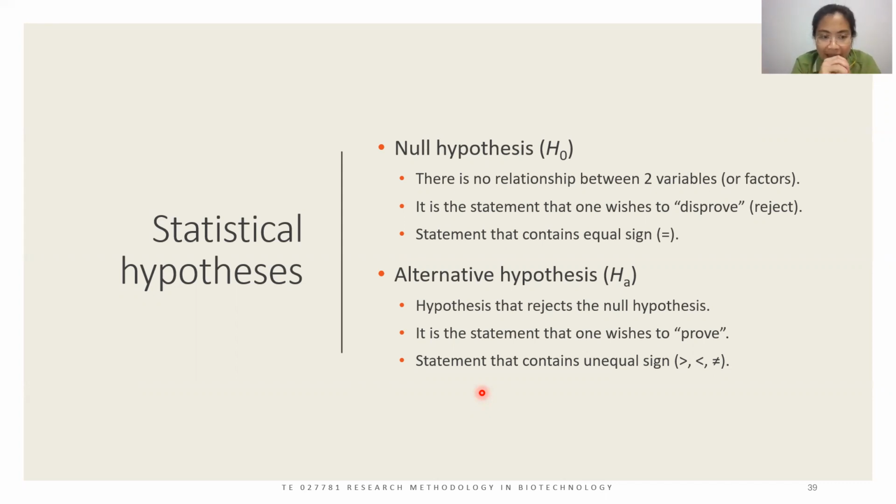So in statistical hypothesis, you probably remember that there were two types of hypotheses that we have to make. Whatever we want to prove, we want to say that it is true or false. Not really true or false, but just making things easy to understand at the moment.